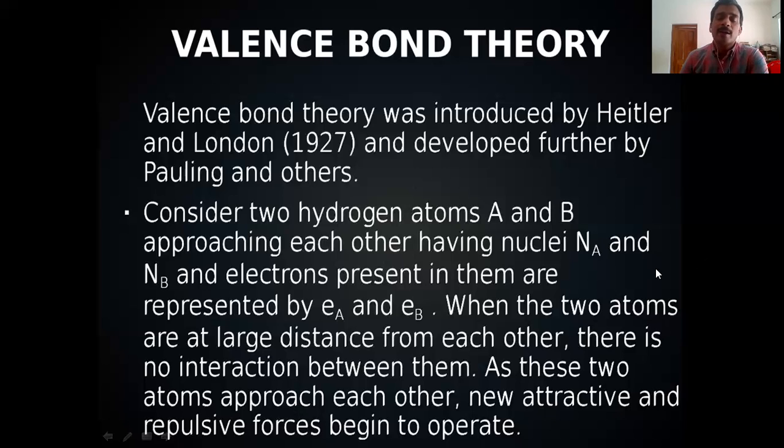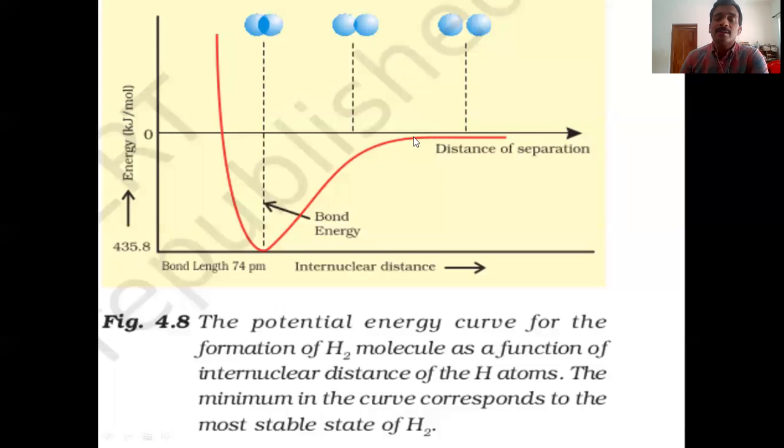In the graph, you can see the energy of the system is decreasing as the internuclear distance decreases. As the atoms are approaching each other, or as the distance between the atoms decreases, you can see the energy of the system is decreasing.